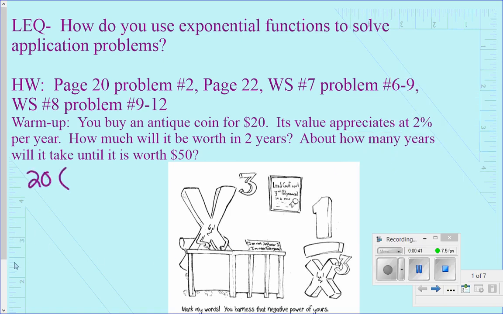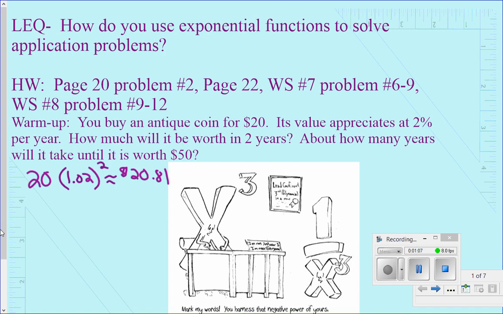Well, the multiplier would be 100 plus 2%, which is 102%, so 1.02 is the multiplier, and then raised to the second power if I'm looking for 2 years. So when we do that, we get approximately $20.81.